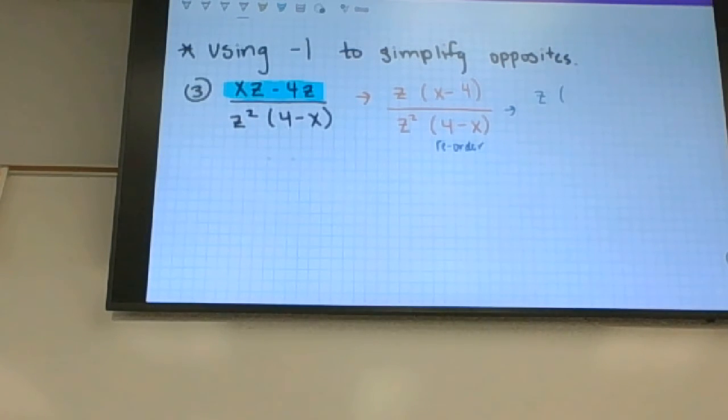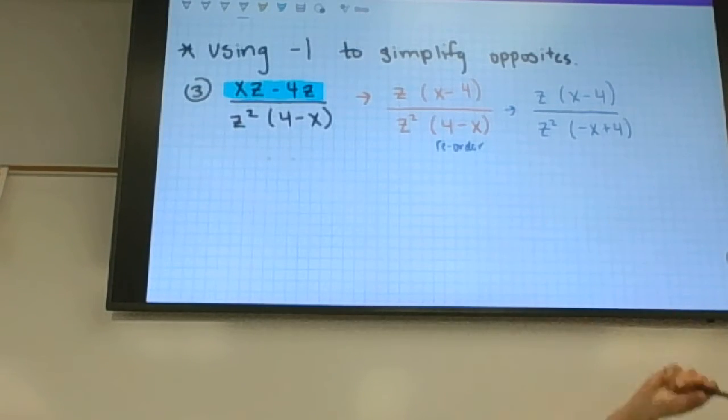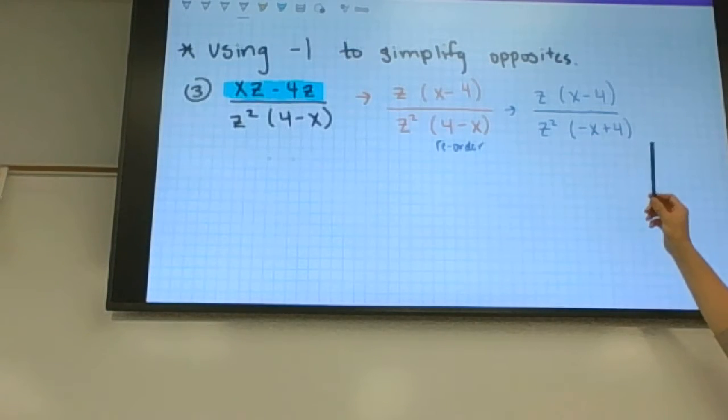Kind of a lot of work to show, but when I reorder it, I get negative x plus 4, because the x was negative and I'm putting it in front, and the 4 was positive and I'm putting it back. So now I can see even more clearly that these are perfect opposites.